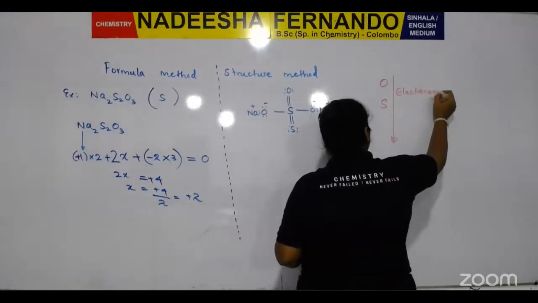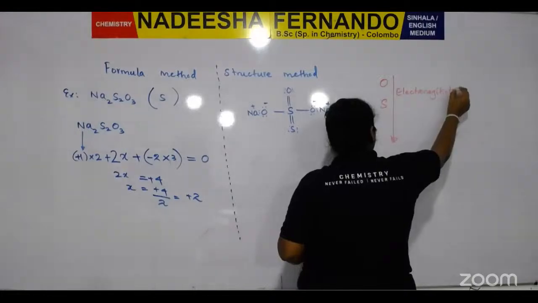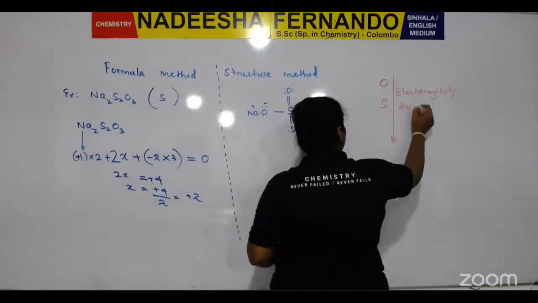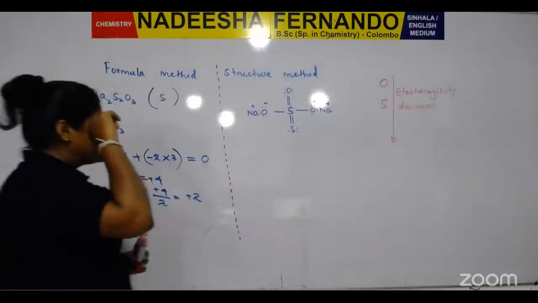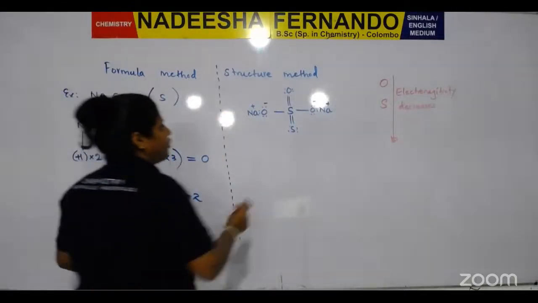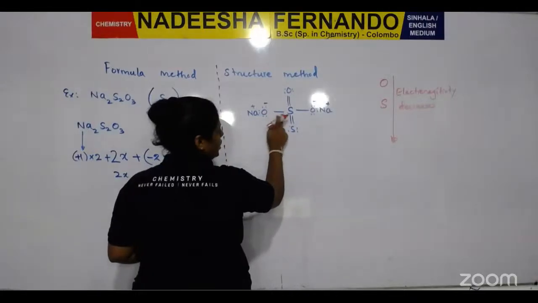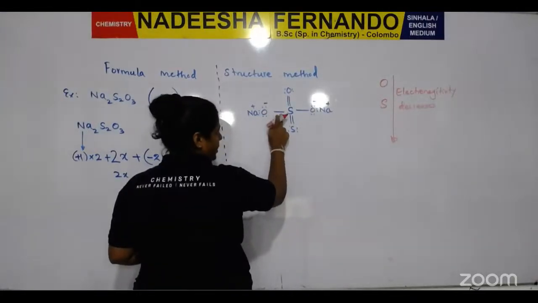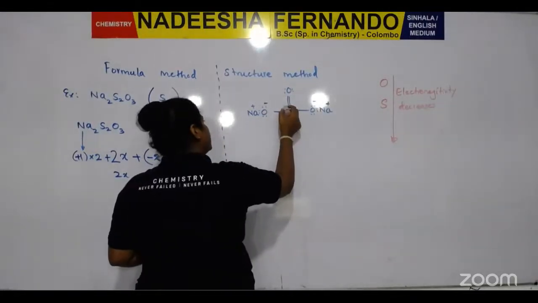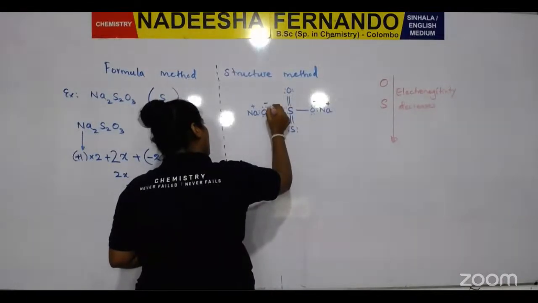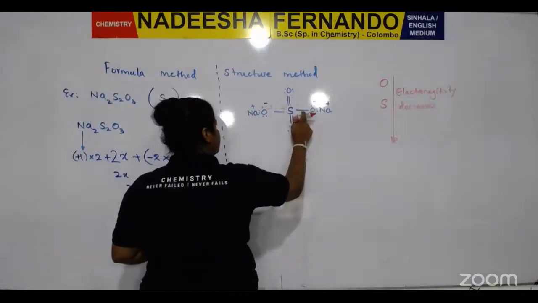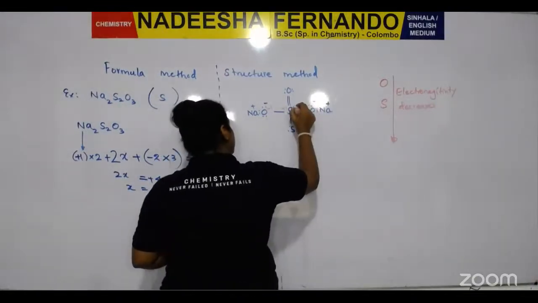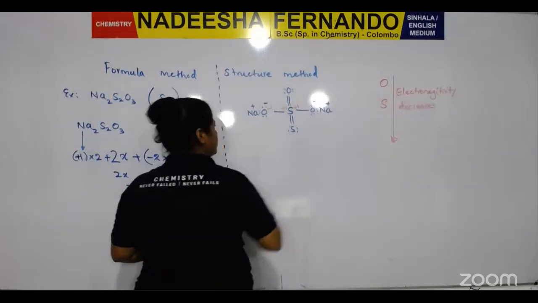Down the group, electronegativity decreases. Sulfur is lower than oxygen. Therefore, when you consider this one, there is only one bond, one right line, therefore one bond. Sulfur takes +1, oxygen takes -1. Due to this bond, oxygen takes -1, sulfur takes +1.